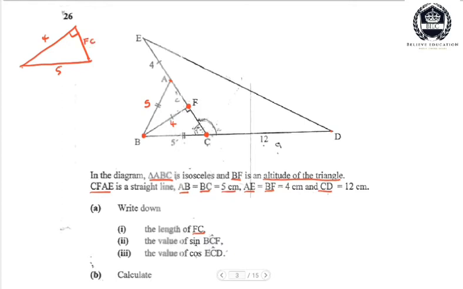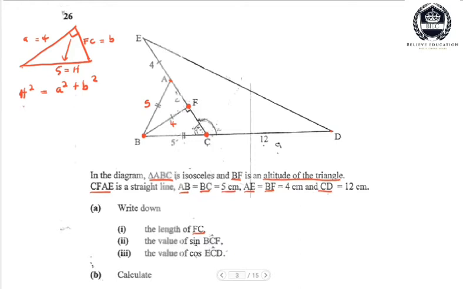So if it is a triangle like this, it's a right angle triangle. What's here is that this one that's opposite the 90 degrees is our hypotenuse. Then this becomes an A, and this becomes a B. So we would make use of Pythagoras theorem so that we can find the value for FC. So now I'm saying my H squared is equal to A squared plus B squared.